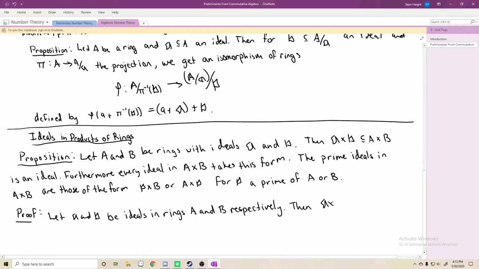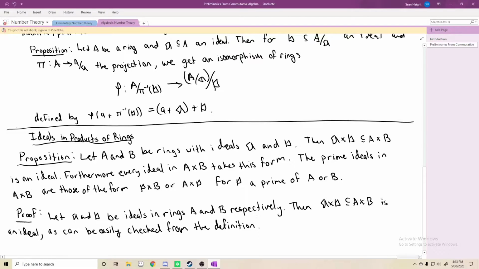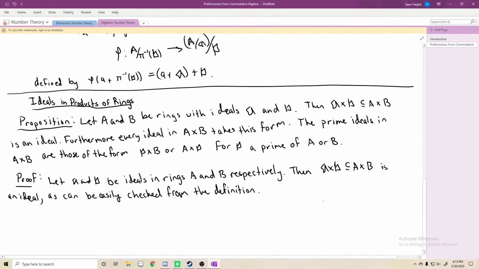Then 𝔞 cross 𝔟, a subset of A cross B, is an ideal, as can be easily checked from the definitions. Okay, so if you use the definition of what an ideal is, you can check this thing is closed under outside multiplication and closed under addition fairly quickly.